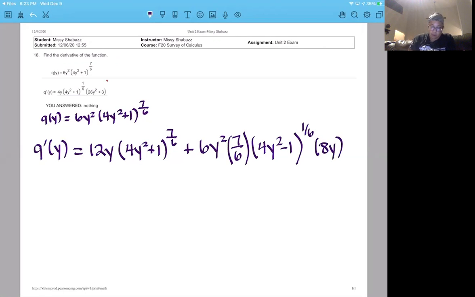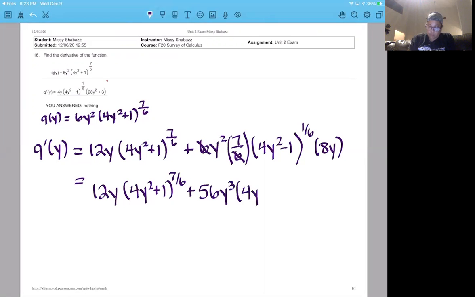All right, and then probably what I would do is at least cancel these two 6's. So I have a 12y, 4y squared plus 1 to the 7/6. I have an 8 times 7, 56, y squared times y cubed, 4y squared plus 1 to the 1/6. And that's how I would leave it.